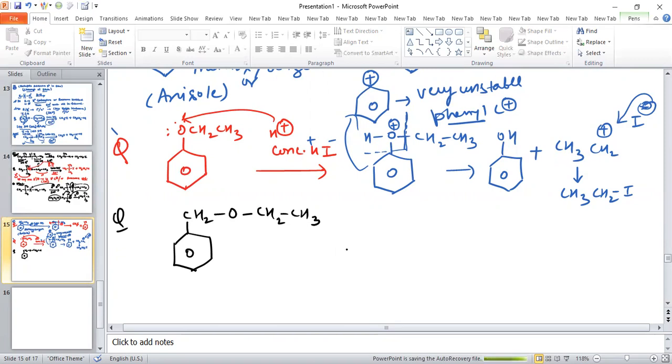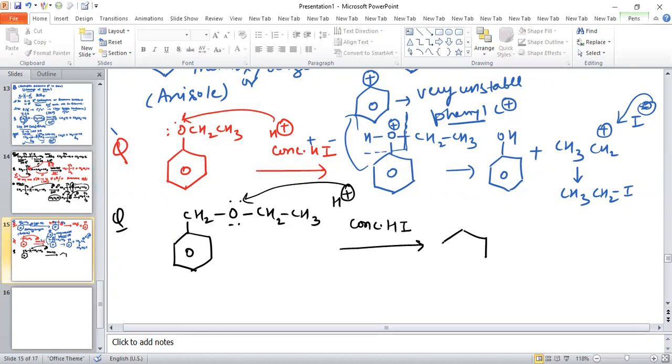Now see what happens, which mechanism path will be followed. Addition of conc HI means H plus will attack on the oxygen atom. Now it will form CH2, this oxygen atom having positive charge, and hydrogen on this. This is CH2CH3. Now the cleavage of bond will occur in this way.